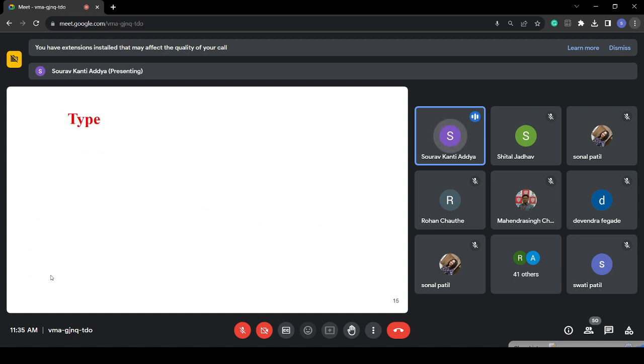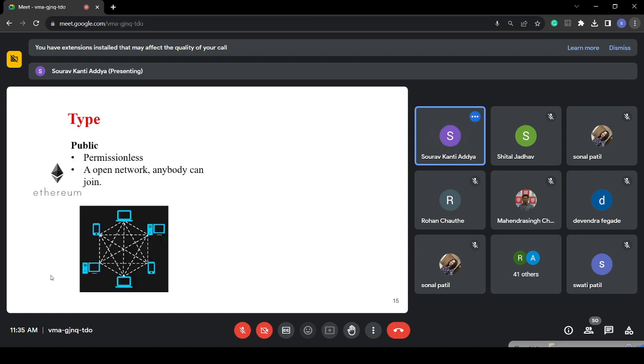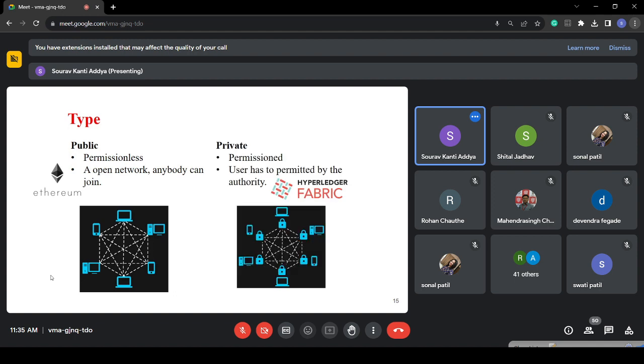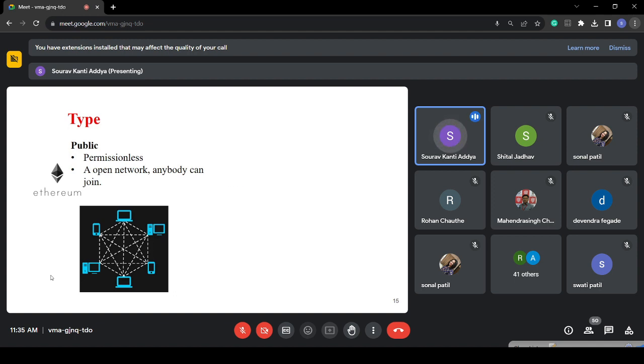Now, we can talk about the types of blockchain. Generally, there are two types of blockchain. One is called public blockchain. Public blockchains are basically permissionless blockchains; in other words, people say permissionless instead of public. It's basically an open network, and anybody can join.